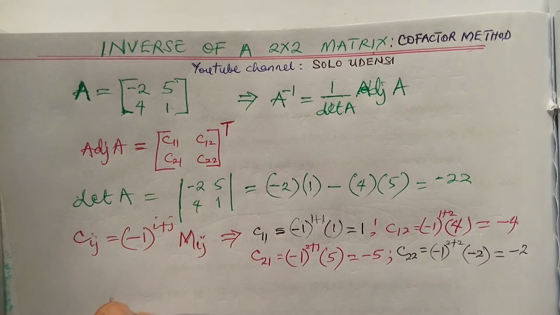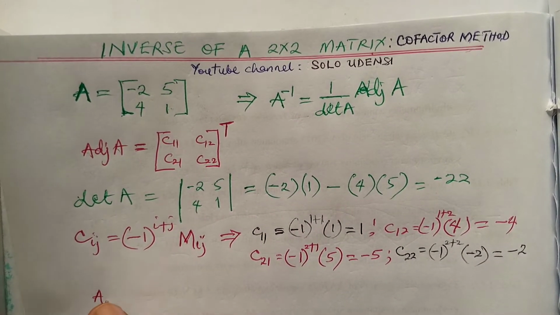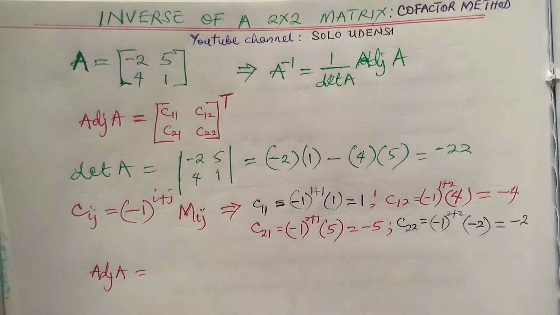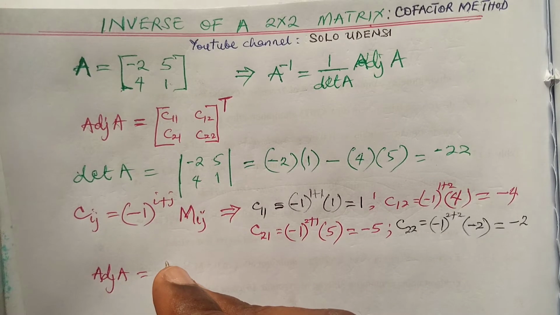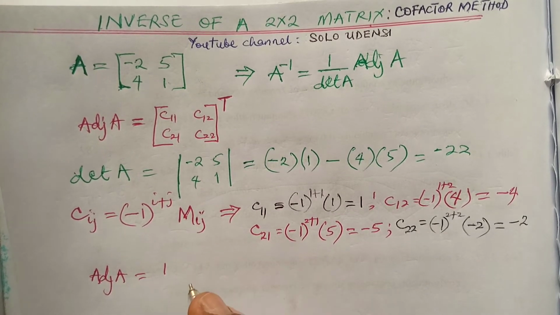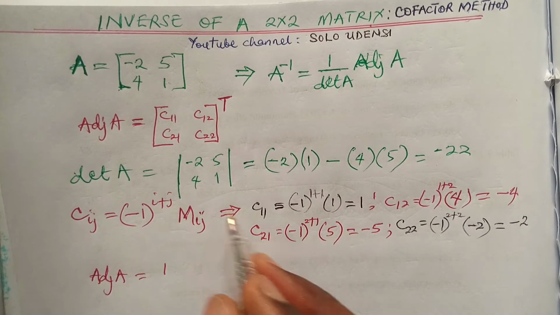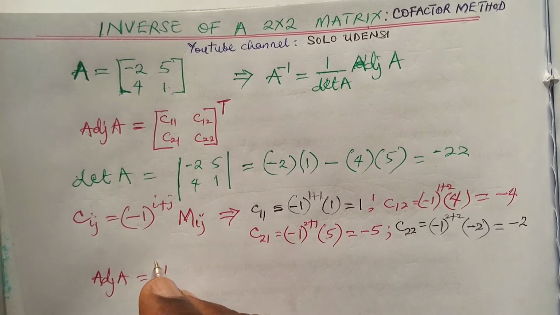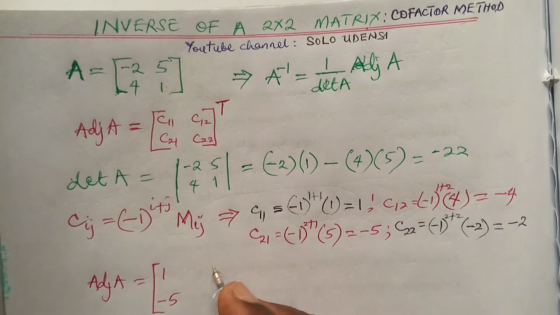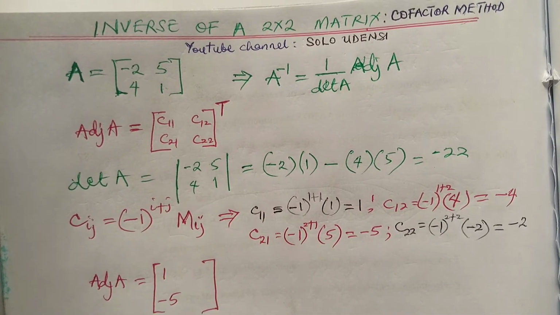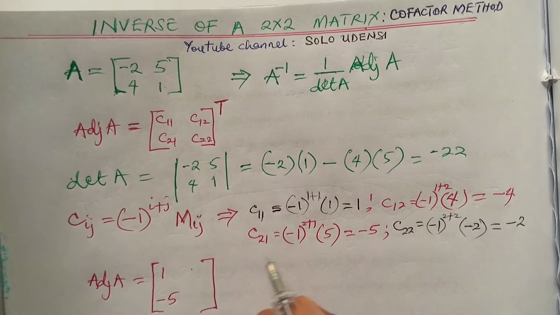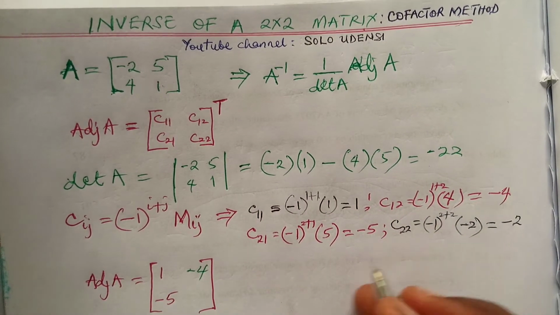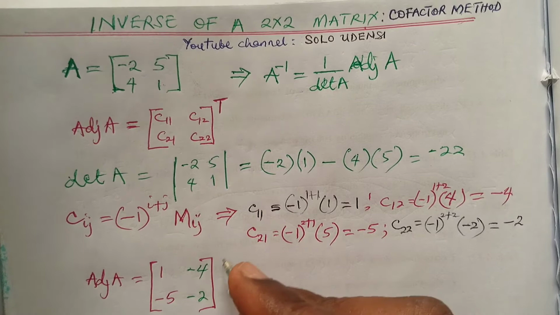So we put it there and do the transpose. Adjoint A is equal to the matrix: C11 is 1, C12 is minus 4, C21 is minus 5, and C22 is 2, all transpose.